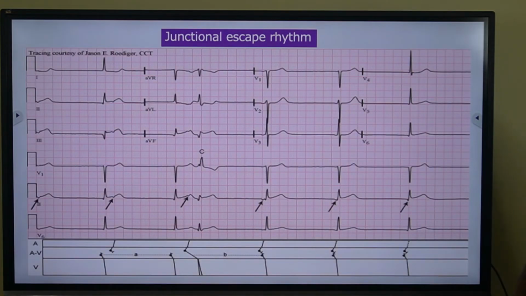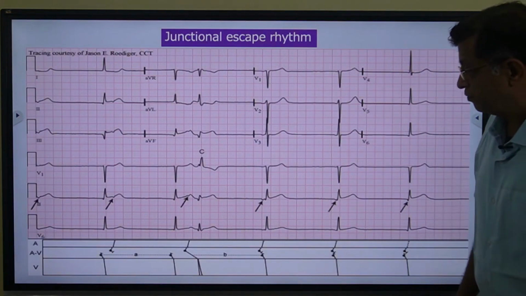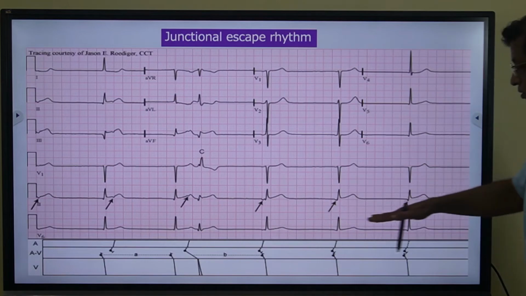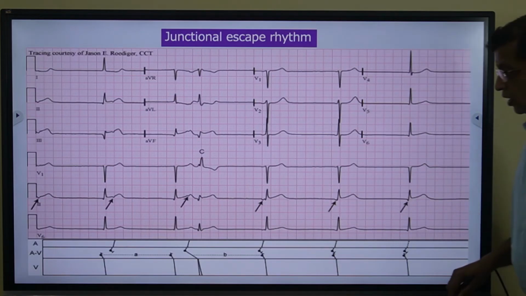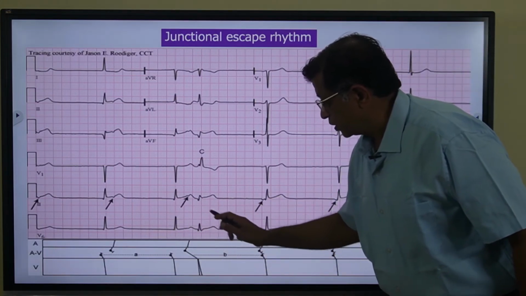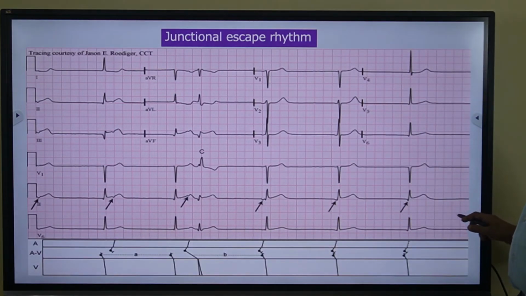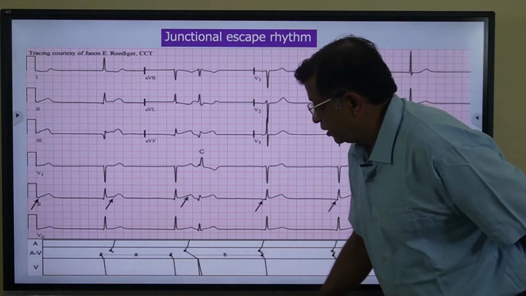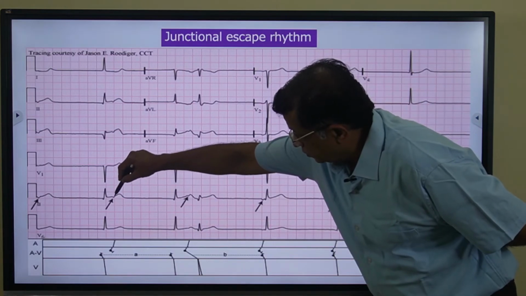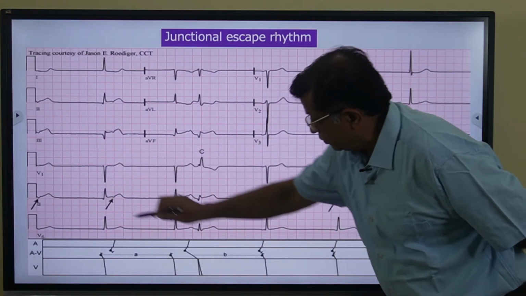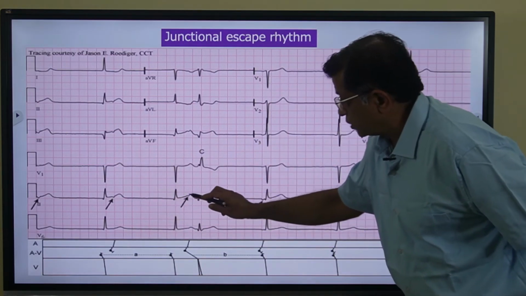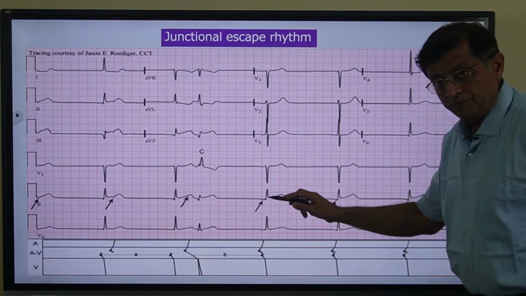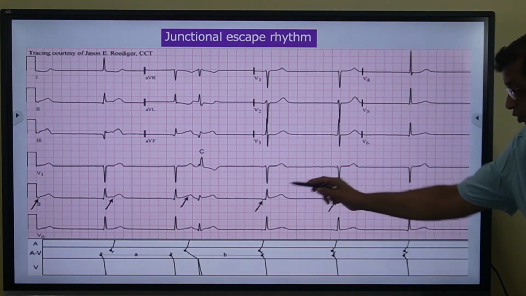Now this is junctional escape rhythm. So one thing is there are no P waves. Now you see one irregularity, otherwise you see regular rhythm. What is happening here? See these waves. These are similar to P waves. They are coming sometimes after, sometimes before the QRS complex.